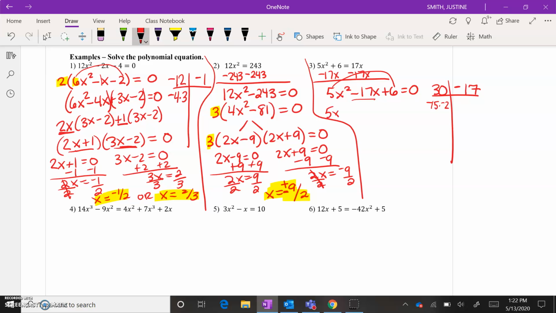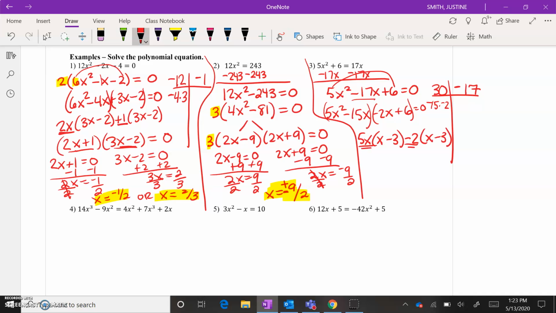So 5x squared minus 15x minus 2x plus 6. And we're going to group these and take out a 5x to get x minus 3. We're going to take out a negative 2 to get x minus 3.